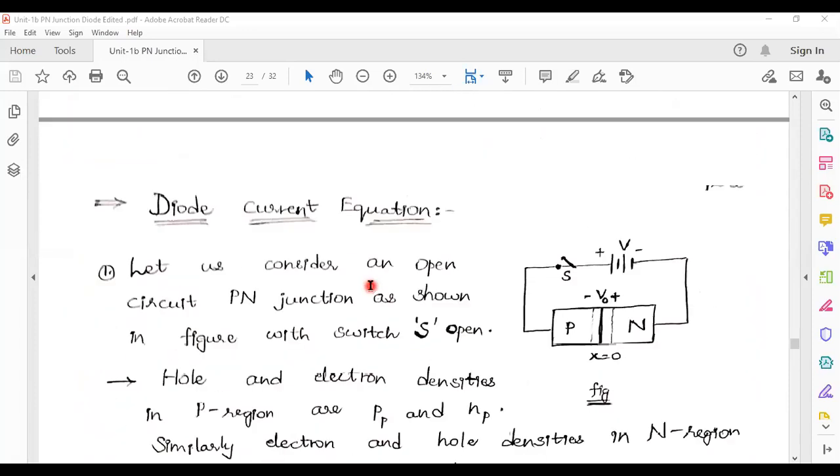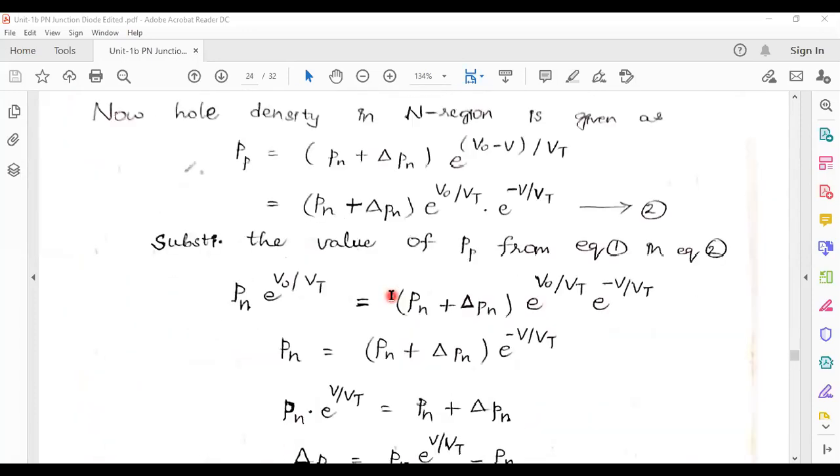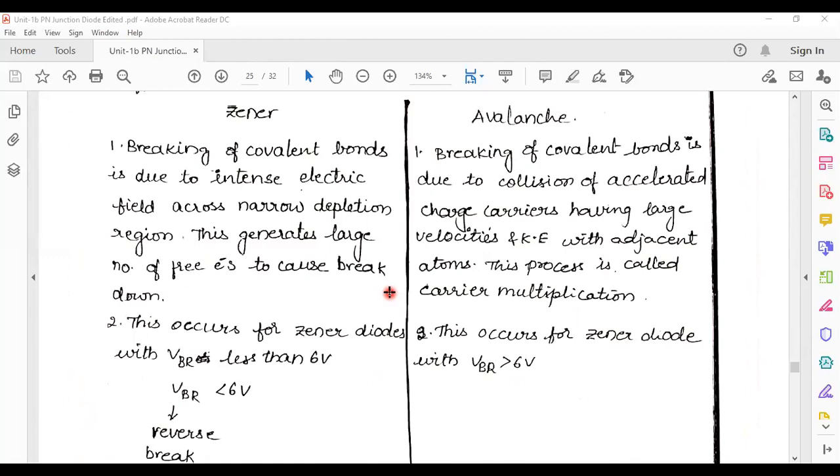What is ZNR breakdown and avalanche breakdown? We will see now. Breaking of covalent bonds is due to the intense electric field across the narrow depletion region. This generates a large number of free electrons to cause breakdown. More free electrons across the junction, and this is mainly in a narrow depletion region.